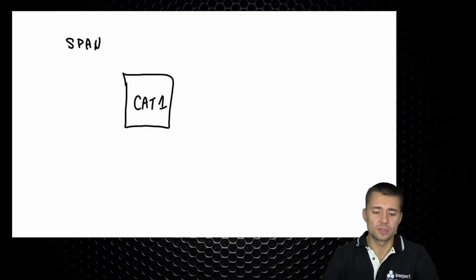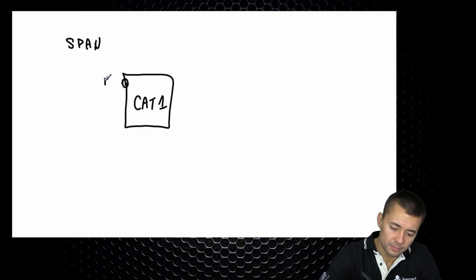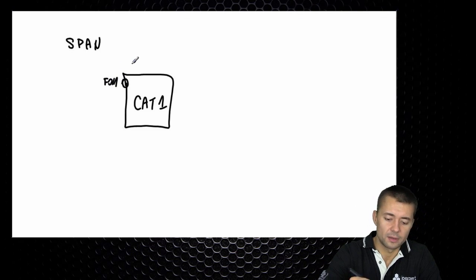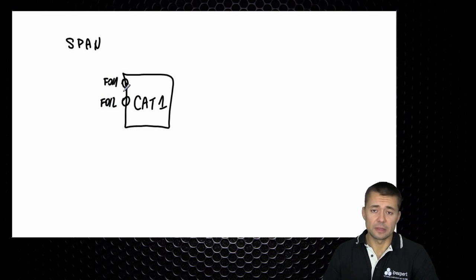Now the session source, this is what we want to copy. This can be a physical port or just physical ports, or maybe an entire VLAN or multiple VLANs.